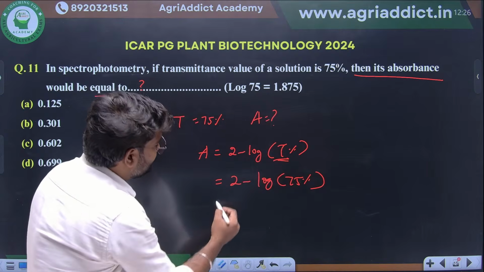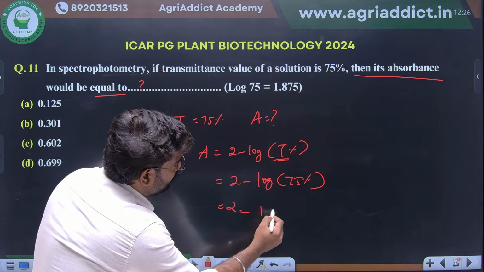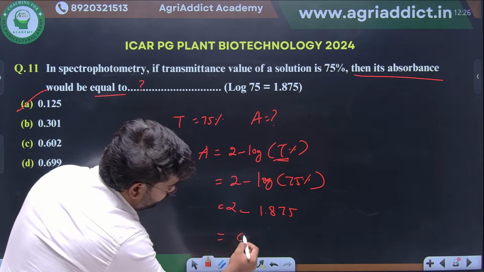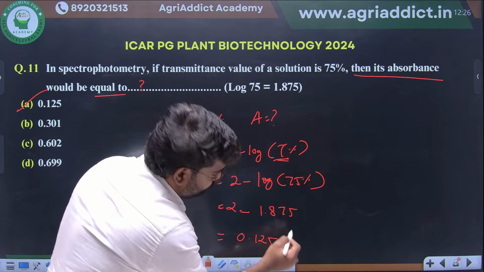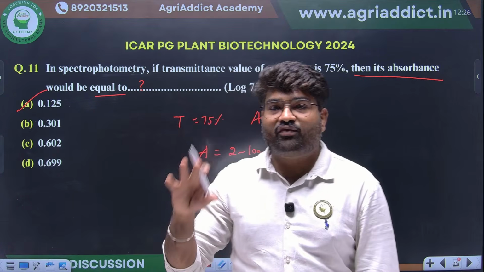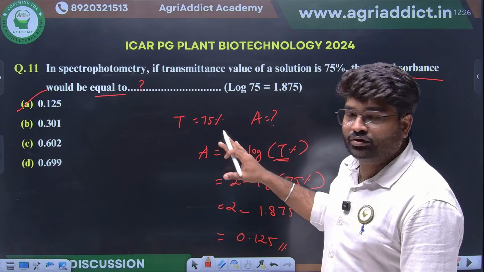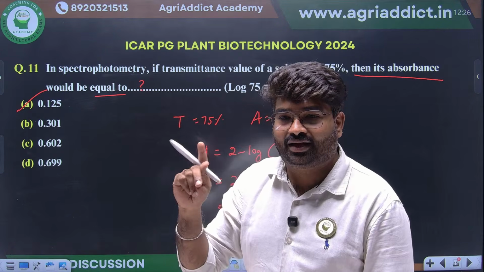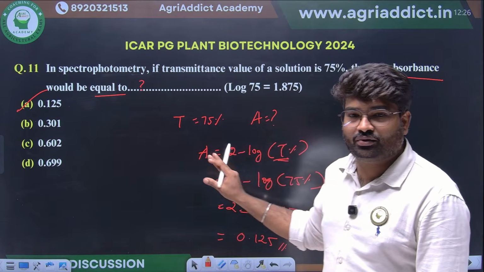Log 75 is 1.875. So the right option is 0.125. Clear? In 2025 they asked the formula, and in 2024 they asked the problem. So a repeated question is there.